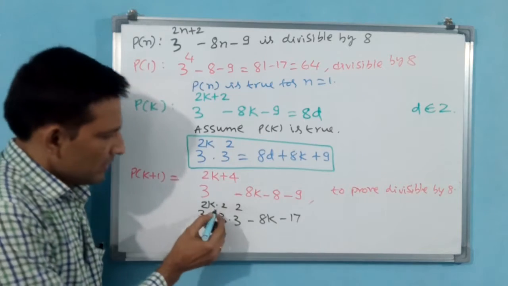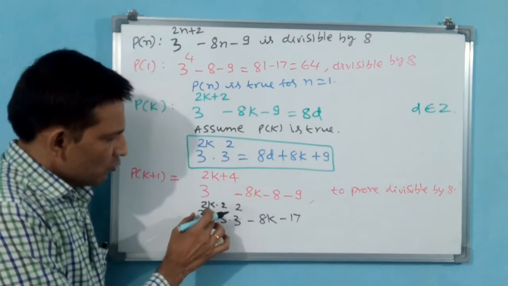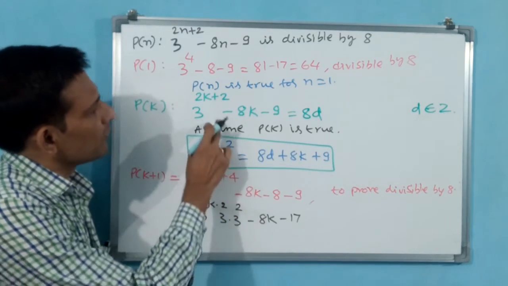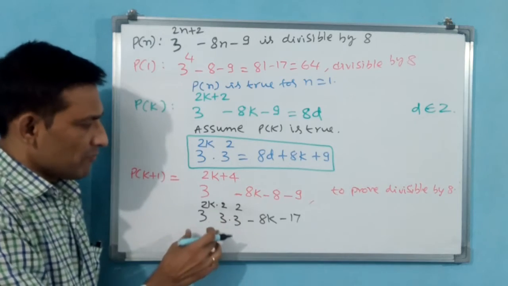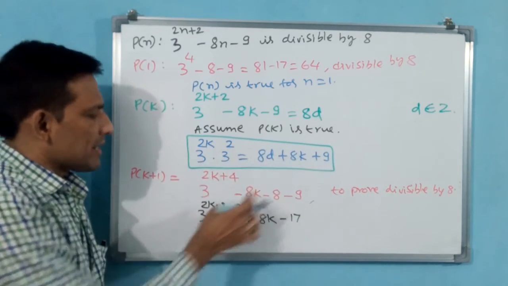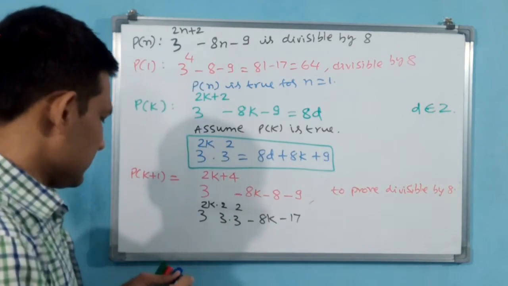You see now here bases are same, you can add 2k plus 2, 2k plus 4. Again base is same, 2k plus 2 plus 2, 2k plus 4 only is going to come. Why? Because these two equivalent value we have got. We can replace this.